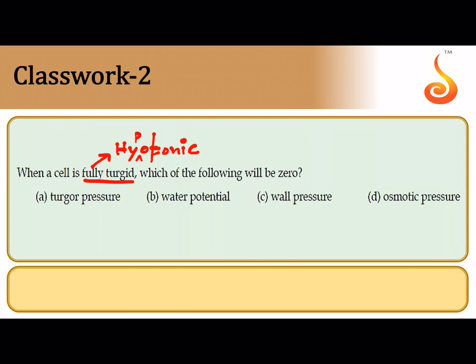Hypotonic means it has become dilute. That means what will near 0, it is not that it will become 0 completely, but something which nears the value of 0 is the water potential, because you all know that in a hypotonic or dilute solution, the water potential is the highest, and the highest value of water potential is 0.